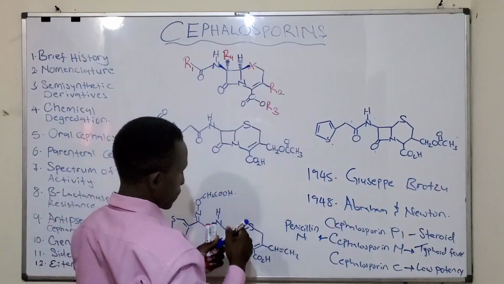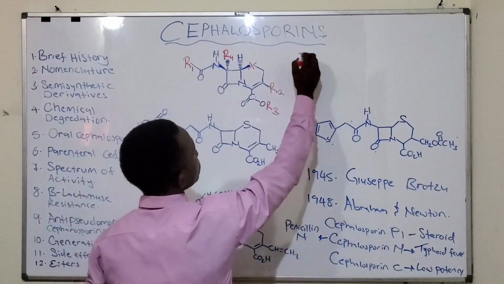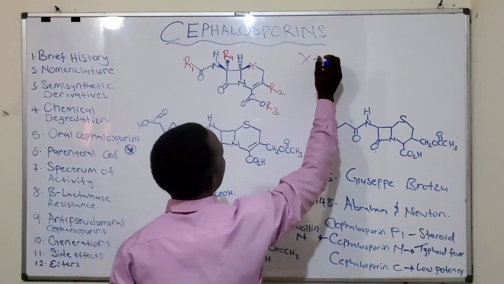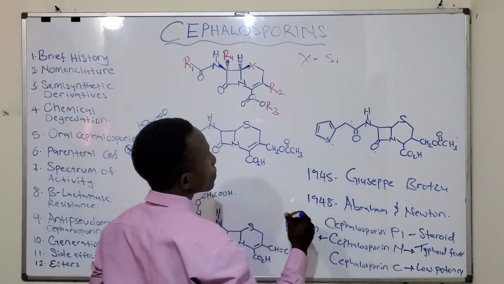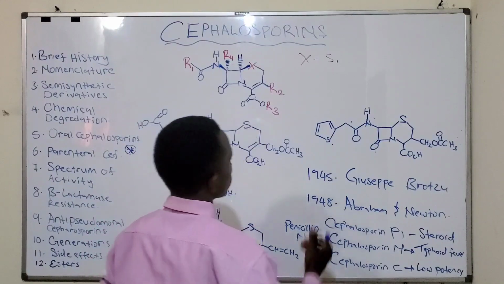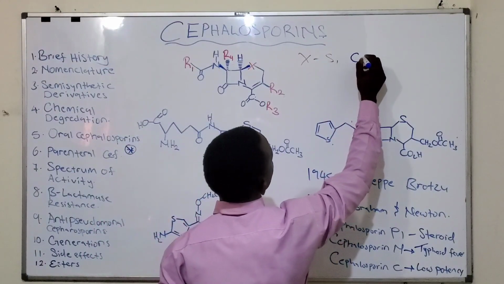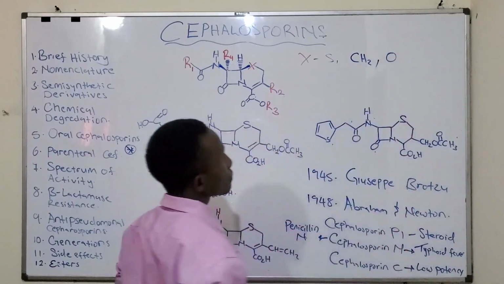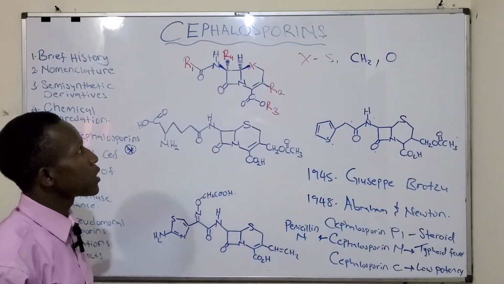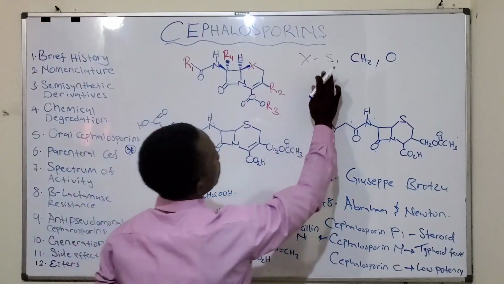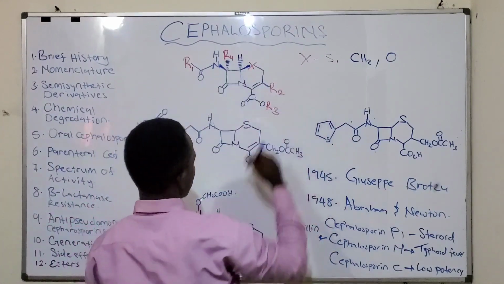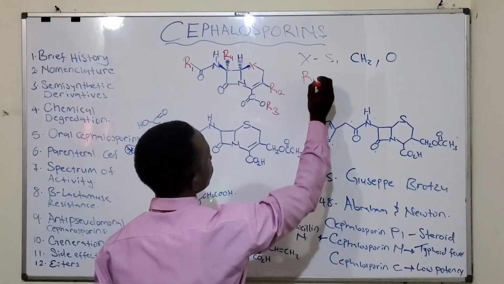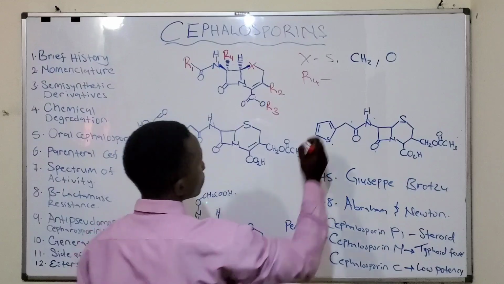This X in cephalosporin can be a sulfur group, it can be a CH2 group, or it can be an oxygen atom. Then this R4 can be hydrogen.